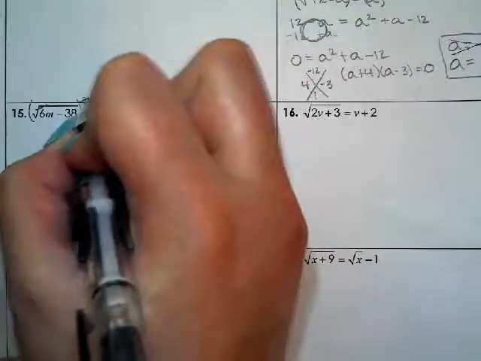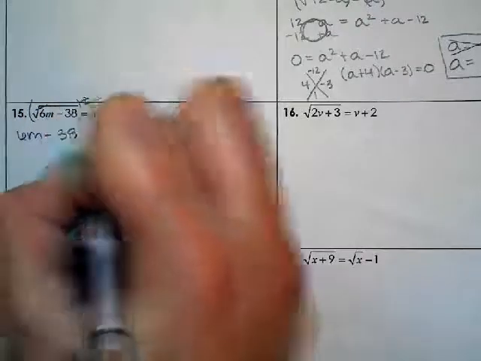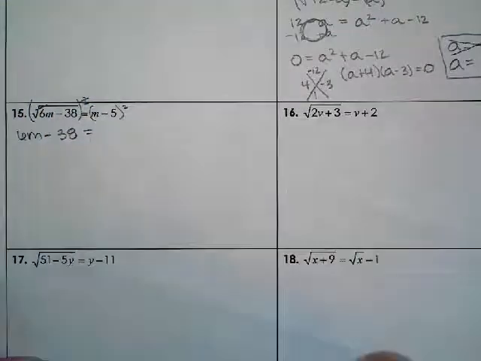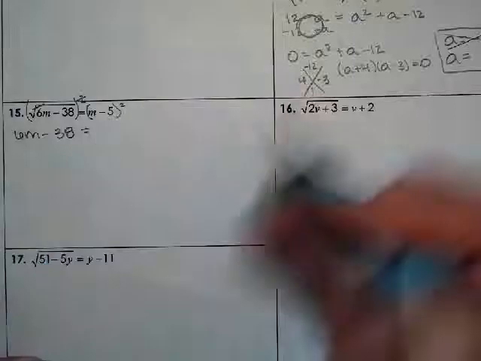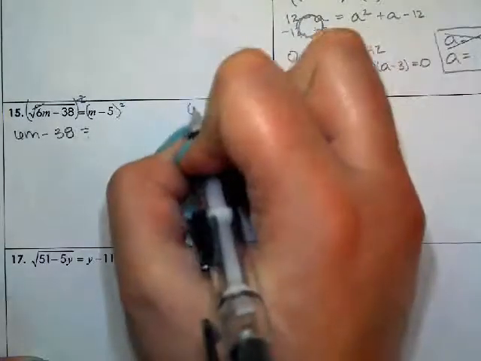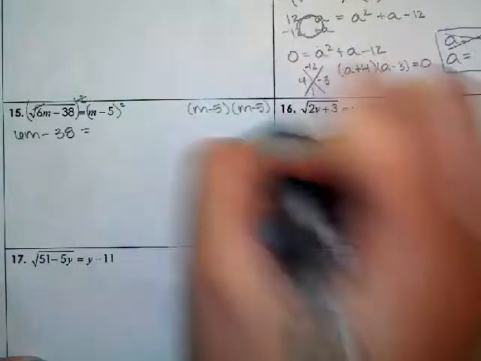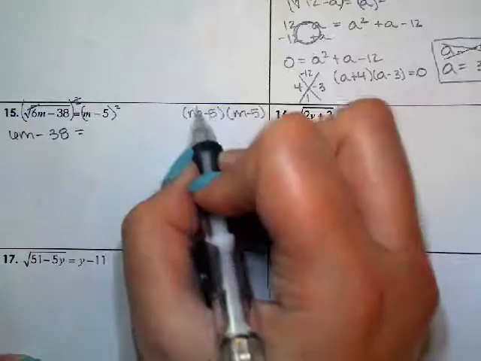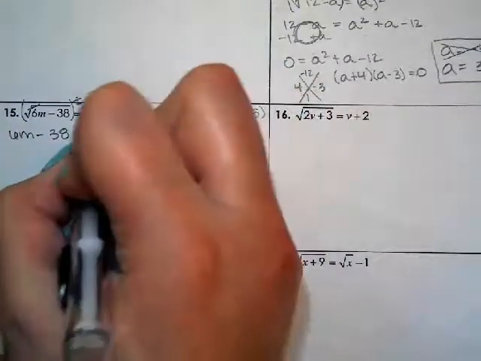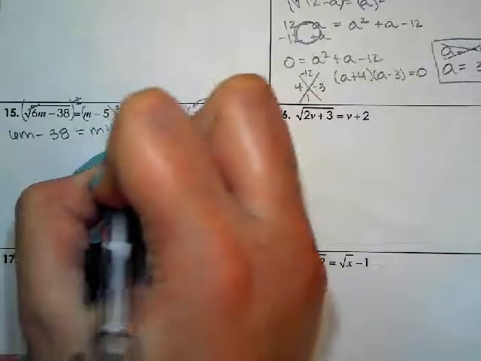That's pretty easy. On the right side, when I square that one, I actually have to FOIL it. So m minus 5 times m minus 5, that means there's 2 of them. So I have m times m is m squared, minus 5m minus 5m plus 25.